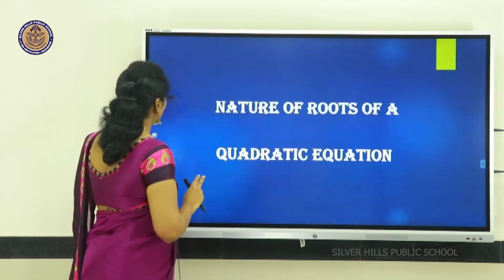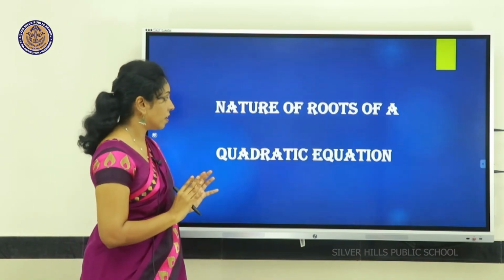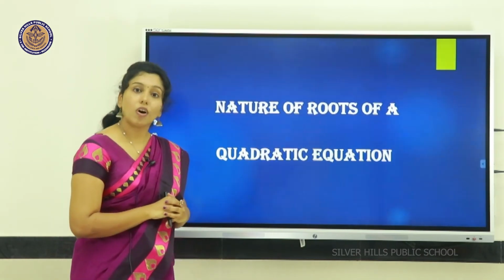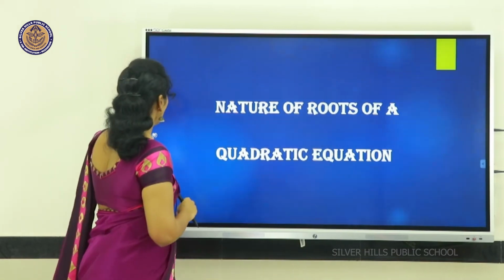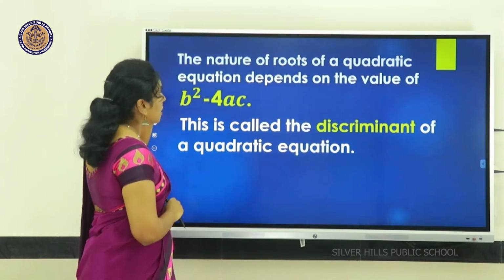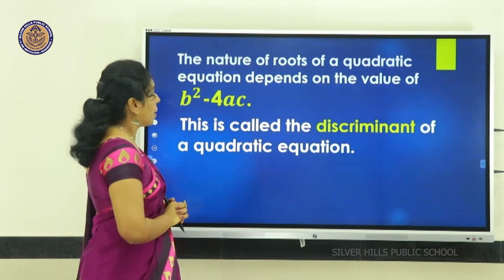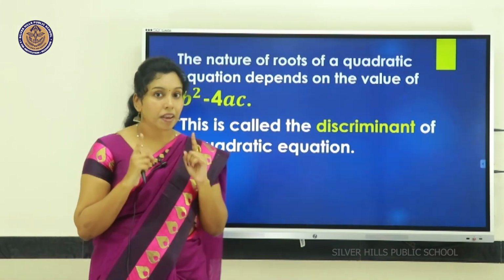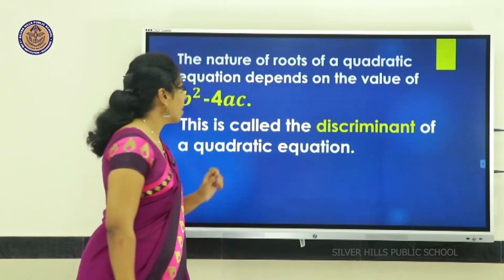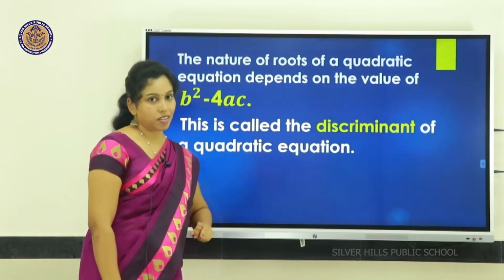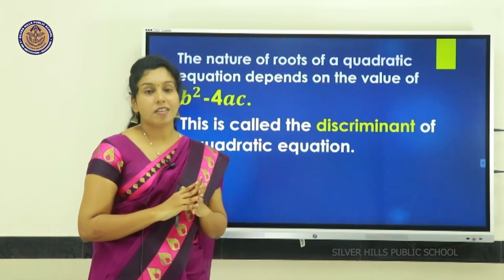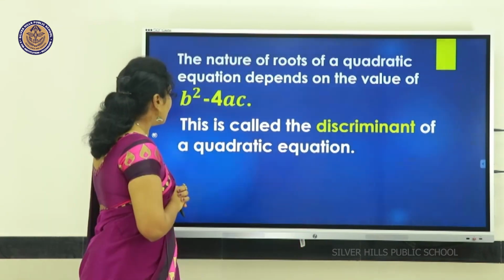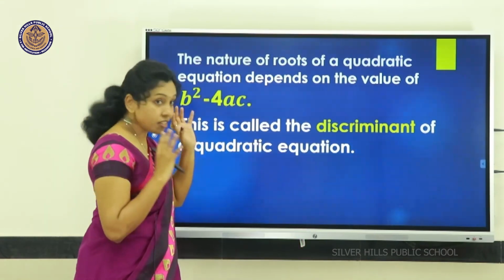So how can you generalize this concept? That is the nature of roots of a quadratic equation. Let's see. The nature of roots of a quadratic equation depends on which value? B square minus 4ac. And b square minus 4ac is a very, very important thing. It has a name also.